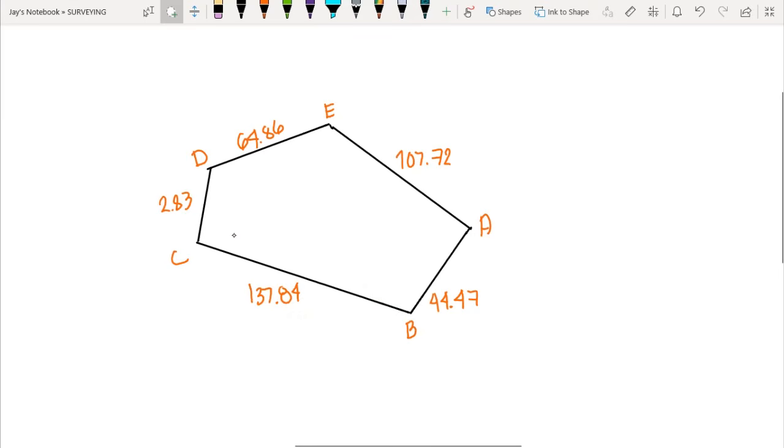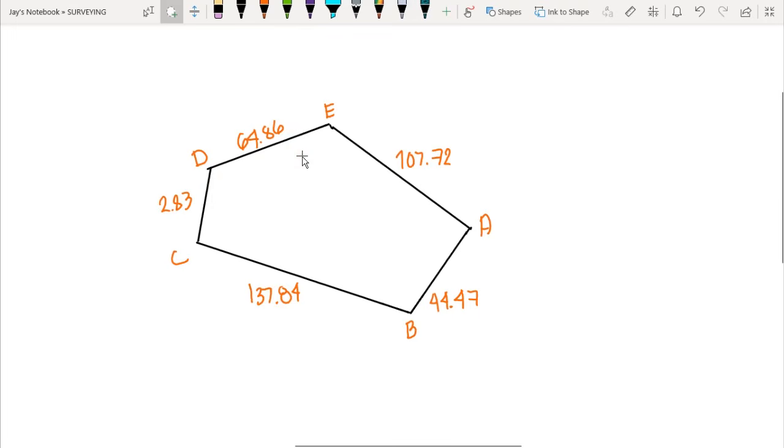Then we have the line CD having a length of 2.83 and the direction is northeast. Then we have D to E with a 64.86 meter distance and a direction of northeast as well.